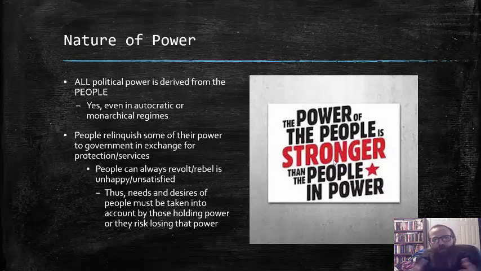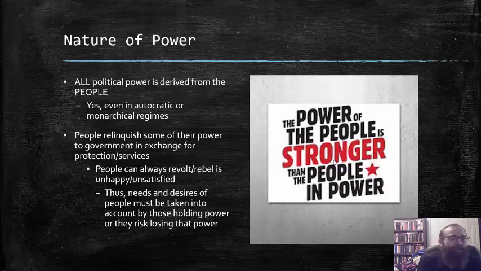In autocratic or monarchical regimes, that still exists, but instead of using the tools of political power, they use the tools of social reinforcement, or at worst, rebellion and revolution to achieve the change against that which they are being oppressed by or upset with, if you will.